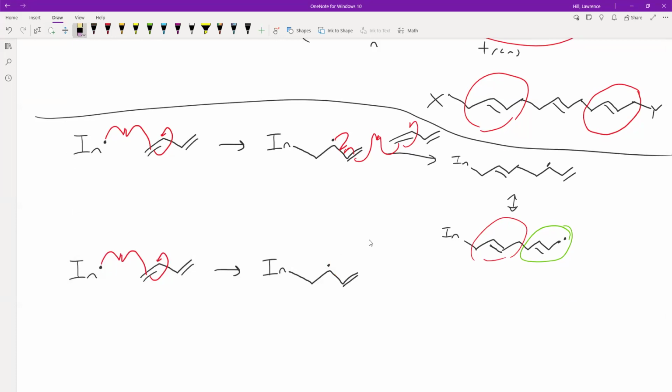Our initiator attacks, you form this radical. But for now, I'm just going to consider this conformation. And just to make it easier on myself, I'm going to consider the resonance structure that forms, because it does exist as a hybrid.